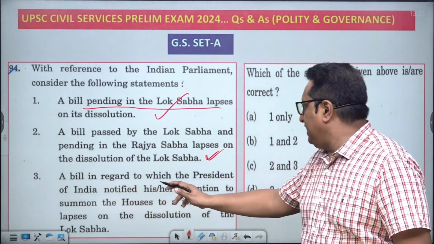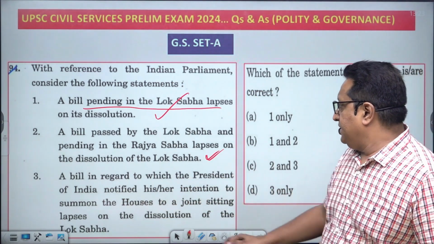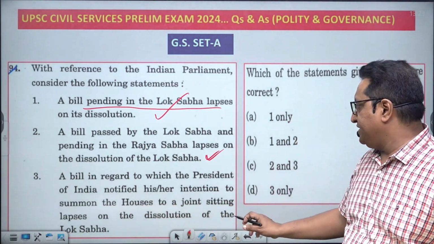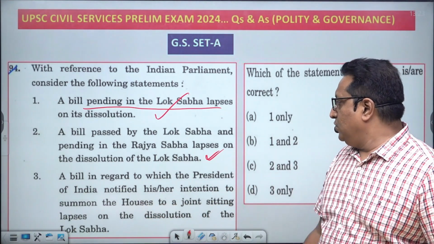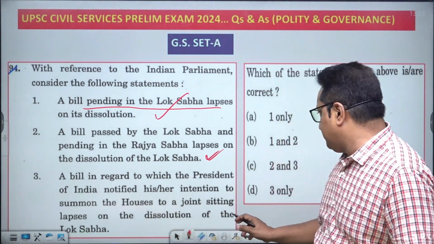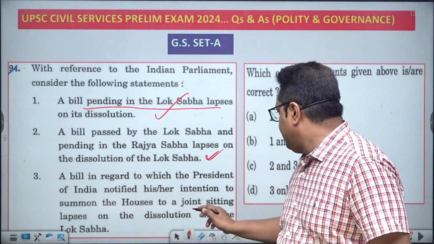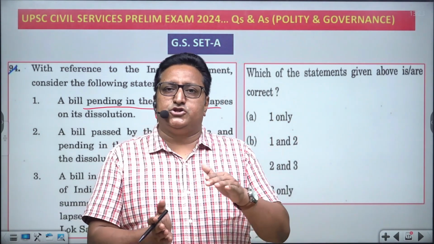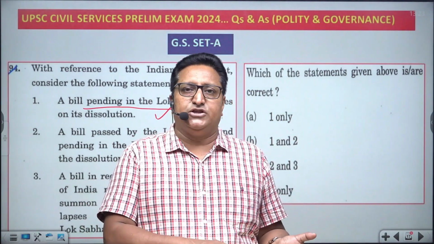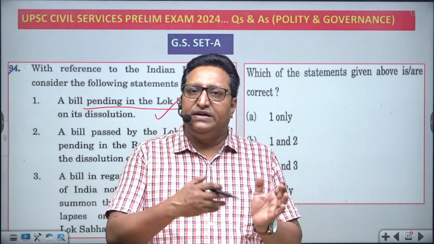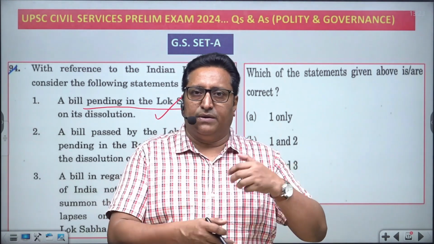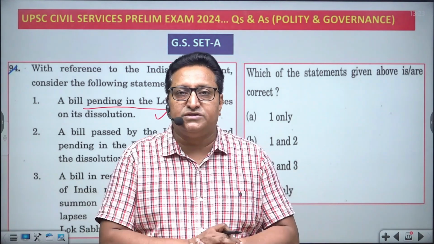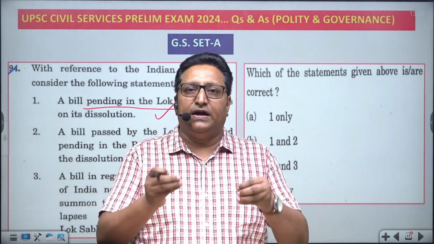A bill in regard to which the President of India has notified his or her intention to summon the houses to a joint sitting lapses on the dissolution of the Lok Sabha. Yes, that does not lapse. That's incorrect. When a bill has been passed by the Lok Sabha and defeated by the Rajya Sabha, or vice versa, so one house agrees and the other does not pass the bill, that's a situation of deadlock.